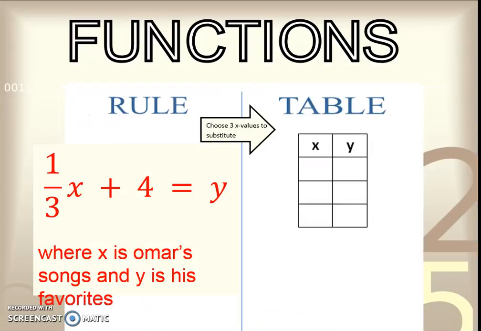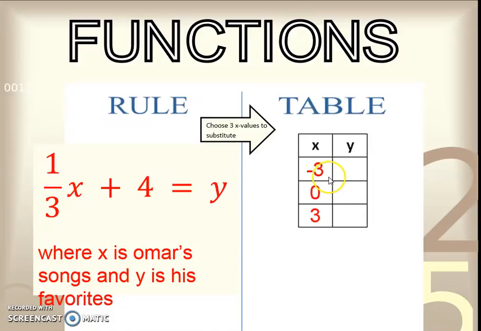Now at this point, you should have written down your rule, and now we're going to talk about how to get from our rule to our table. Now when we think about our table, we're going to have to pick values for x. You can pick any 3 values on your coordinate plane, but a lot of times it's helpful to pick 3 values that give you a good idea of what this equation really looks like.